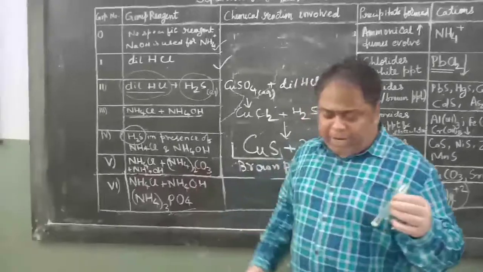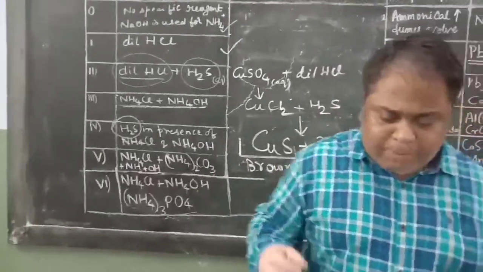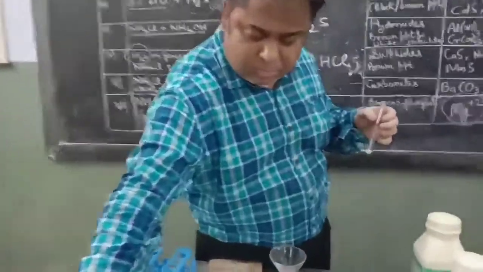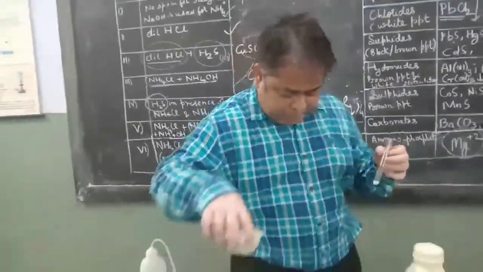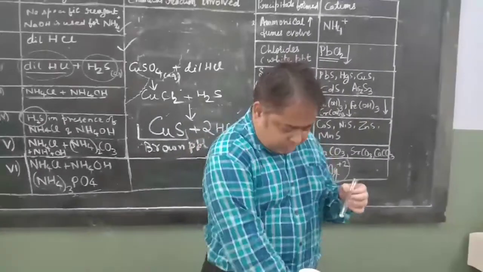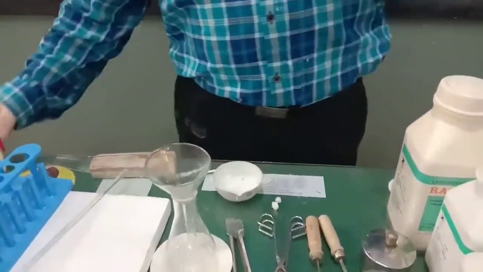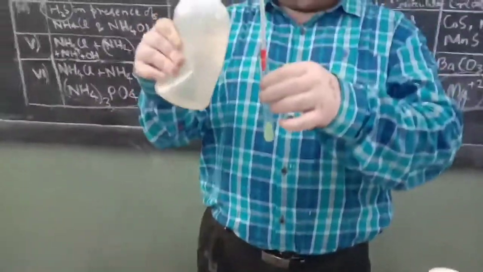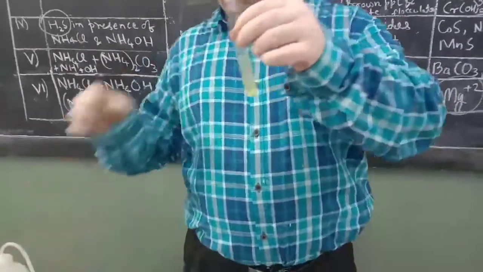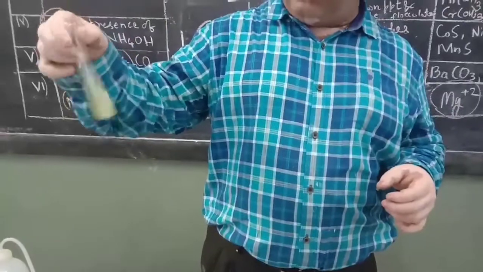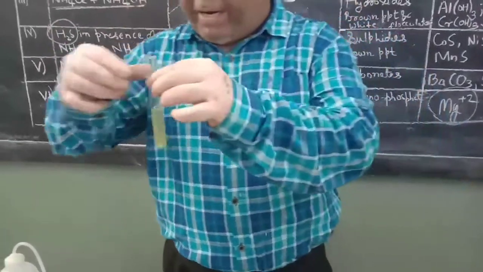use of ammonium chloride and ammonium hydroxide. So I will put a little bit of ammonium chloride in this, a pinch. But before that, I will make a solution of this. Take that much quantity of salt which completely dissolves.